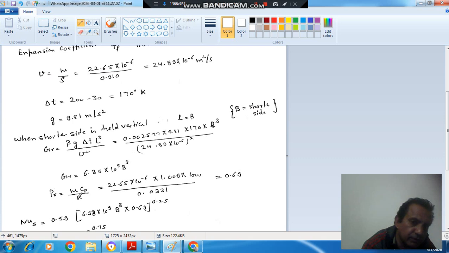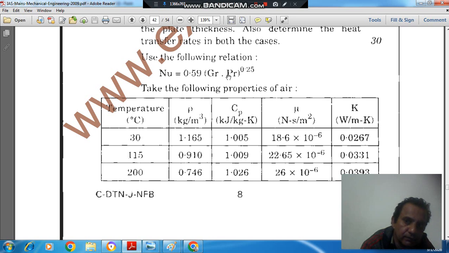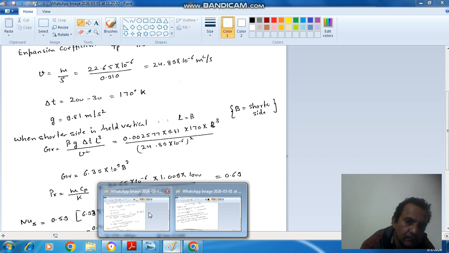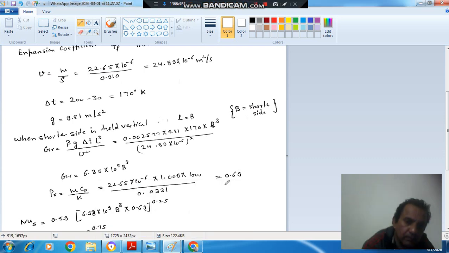And now we need the Prandtl number also for using the given correlation. The Prandtl number is mu Cp by K. Mu is this, Cp is this and K is this. So from this the Prandtl number comes out as 0.69. Now we can find the Nusselt number for the shorter side, putting the values of the Grashof number and Prandtl number.